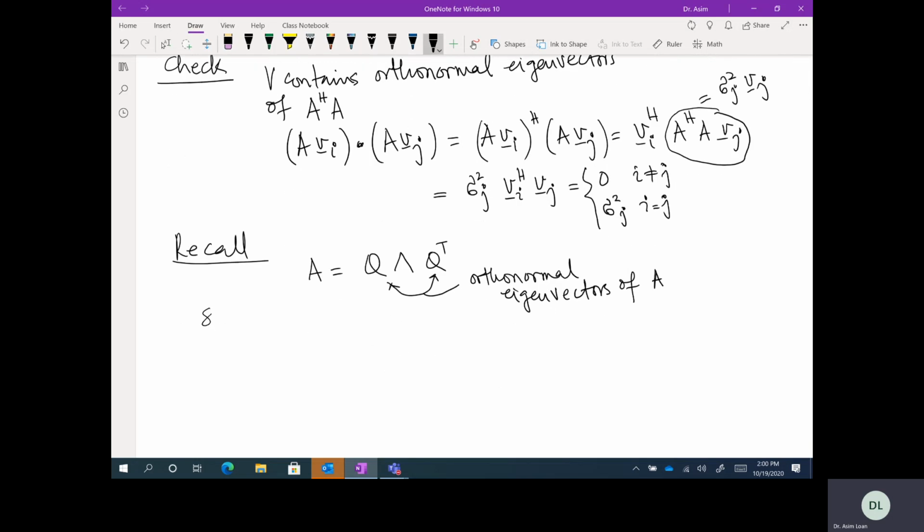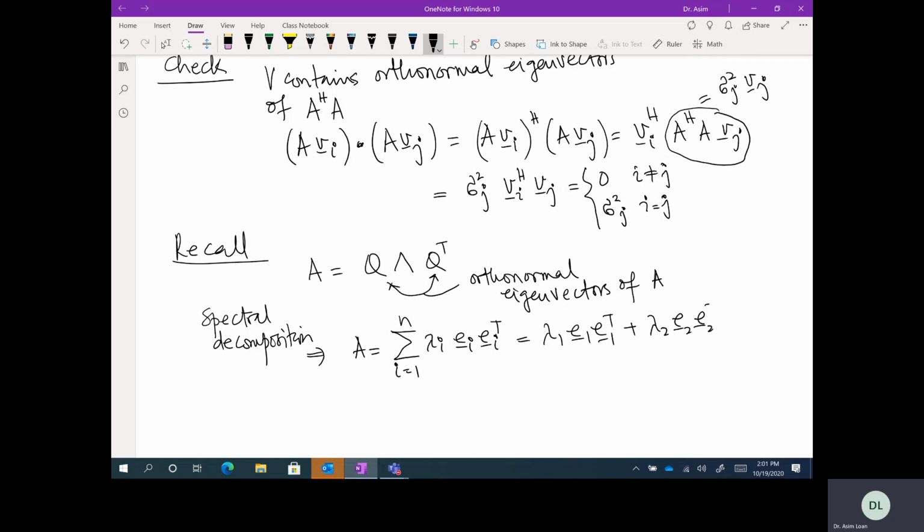So we had the spectral decomposition, A equals summation lambda i Ei Ei transpose, i equals 1 to n, which is simply lambda 1 E1 E1 transpose plus lambda 2 E2 E2 transpose plus up to lambda n En En transpose. All these are rank 1 matrices.